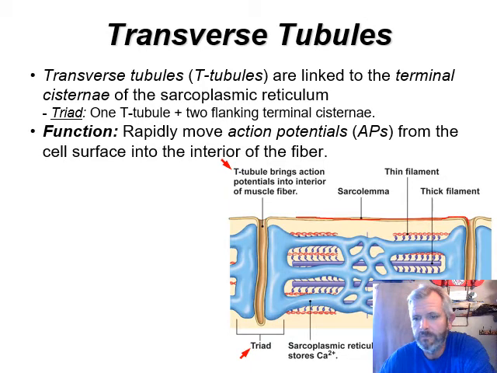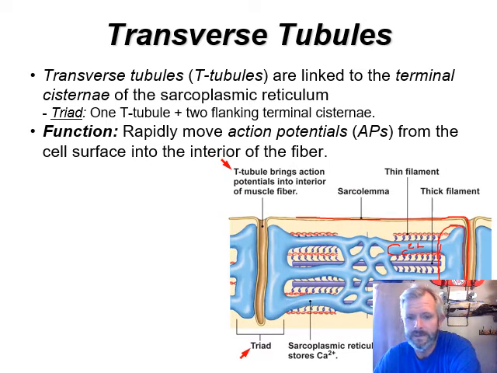And now we can move the action potential deeper into the muscle in association with these terminal cisternae, so we can induce the contraction. Okay, we'll see this action potential actually induces the release of the calcium from the sarcoplasmic reticulum. And we'll see why this is important in our contraction in just a bit here.